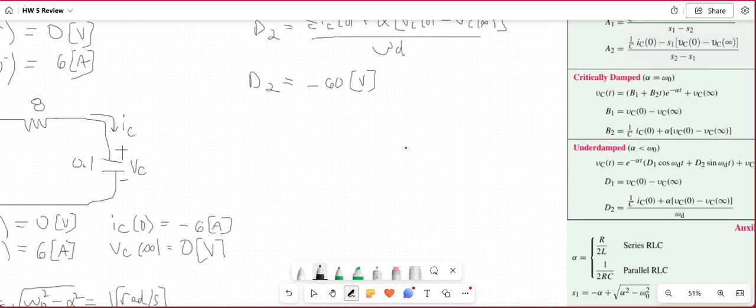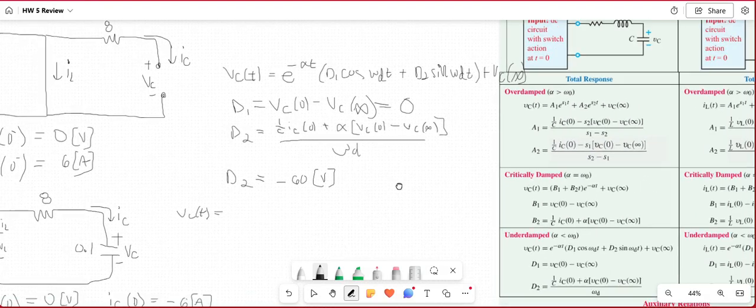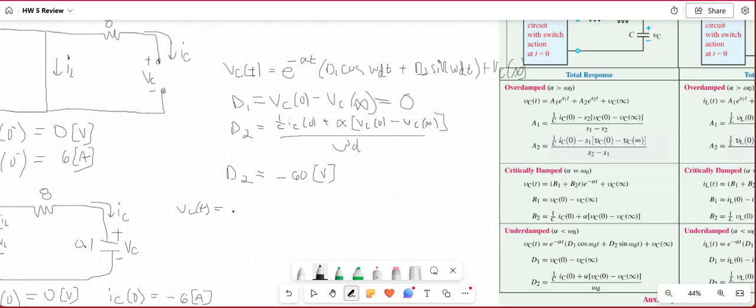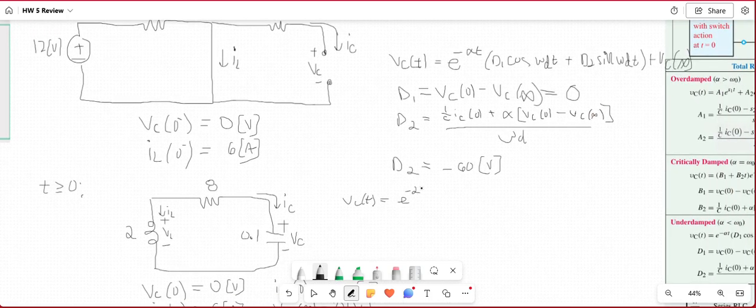Okay. And now we want to plug all those in. So we got VC of t equals e to the negative alpha t. Yeah, alpha was 2, times D1, 0 cos of WDT, so that's just going to be 1 times t, plus D2, negative 60 sine of t, plus VC infinity.